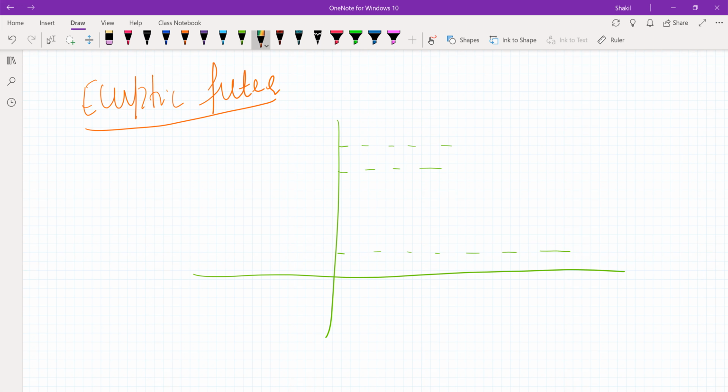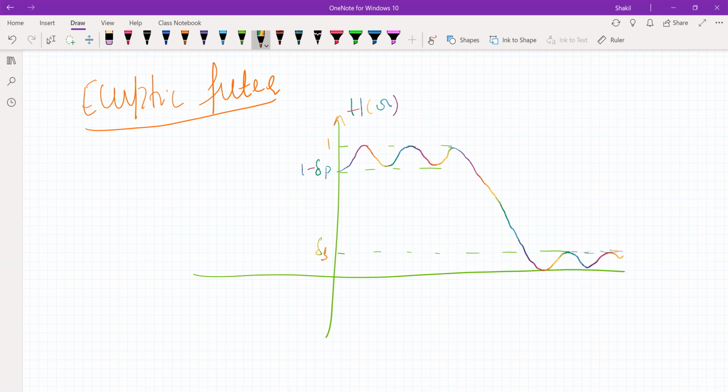So the magnitude in the passband varies from 1 to 1 minus delta p, and in the stop band we allow a non-zero value of H of omega, up to delta.